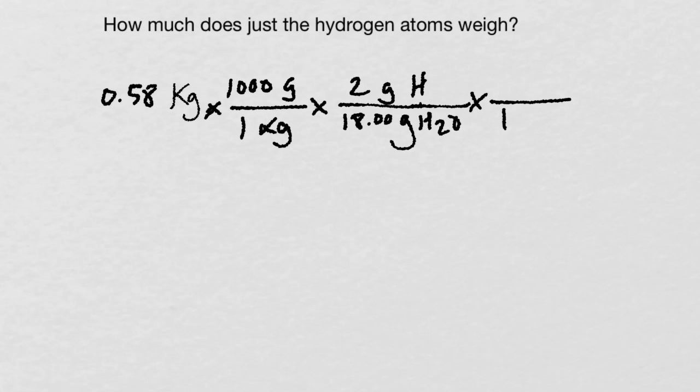We'll say that 1 gram is equivalent to 0.001 kilograms. Okay, so our units here of kilograms will cancel, our gram unit will cancel, this is grams of water, right? And then our grams of hydrogen will cancel, and we'll go back to kilograms.